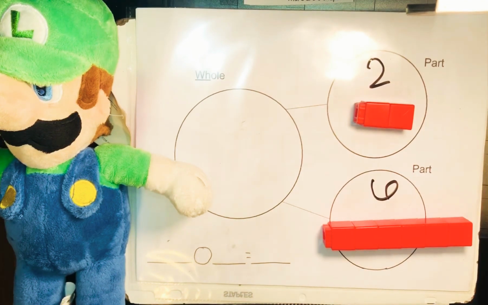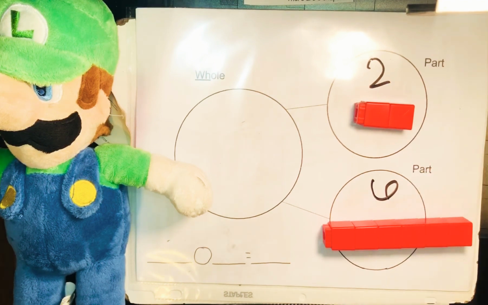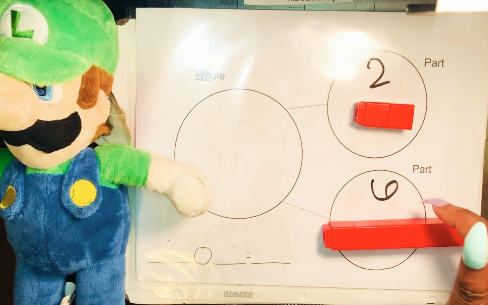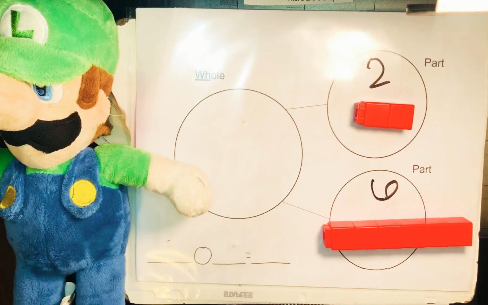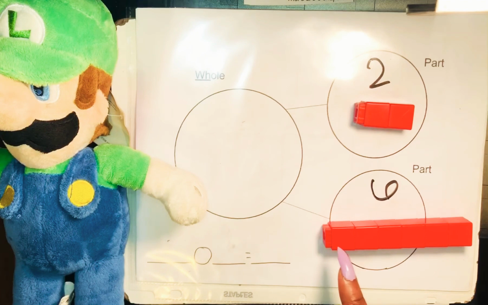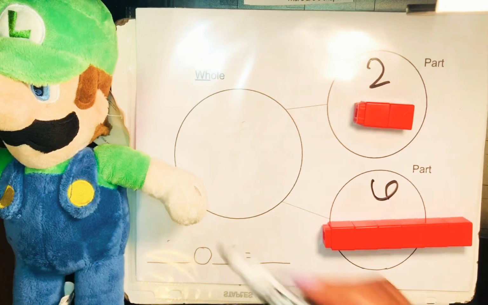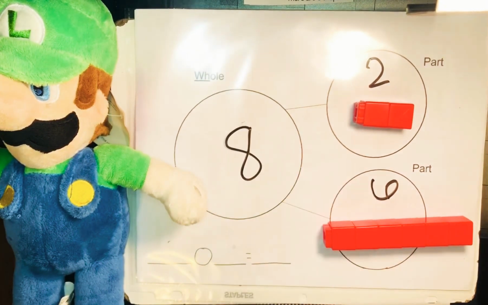How can I figure out my whole using 2 and 6? Yep, if you said that I could add the numbers 6 and 2 to figure out my whole, that's one way that I could do it. Another way I could do is count all my cubes. So let's count. 1, 2, 3, 4, 5, 6, 7, 8. So 6 plus 2 equals 8. So now I know I have 8 shapes all together.